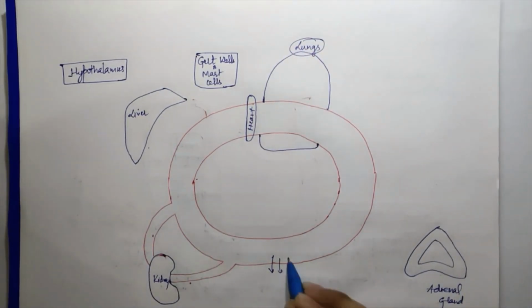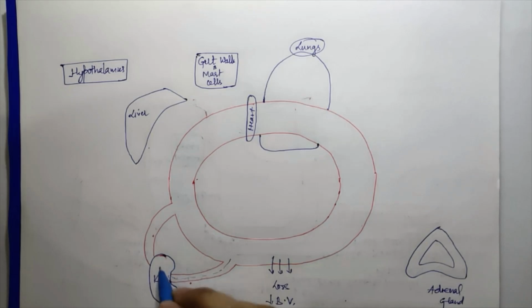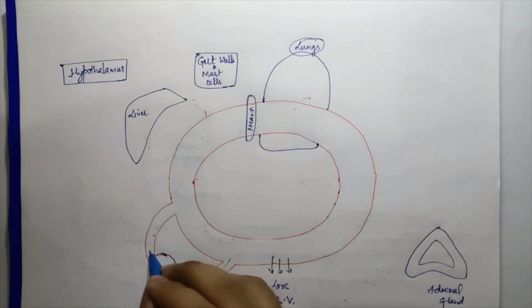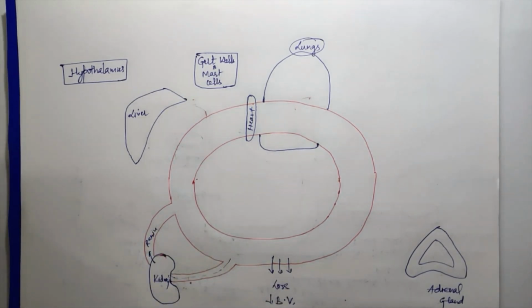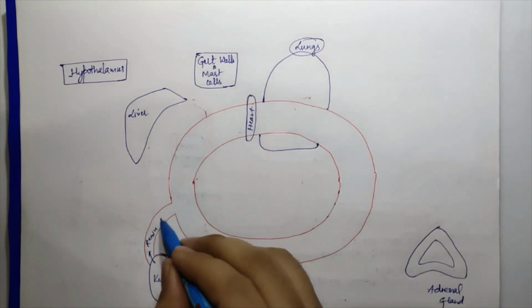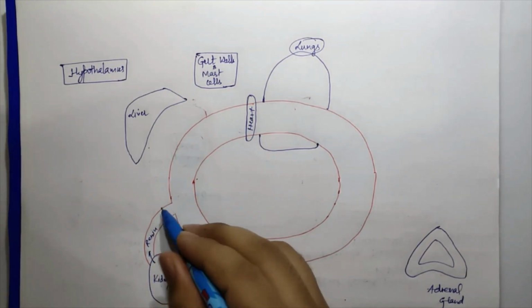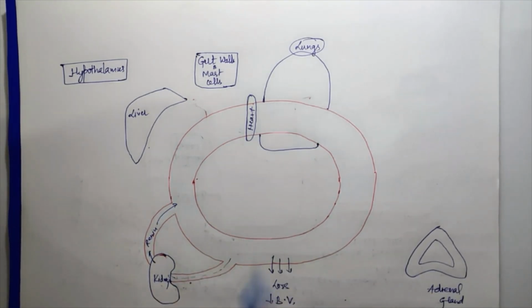Suppose when there is loss of water and we have low blood volume, this triggers the kidney to synthesize and secrete more and more renin, which is basically a type of endocrine signal, and it has enzymatic activity. It is released into main circulation from the kidney.